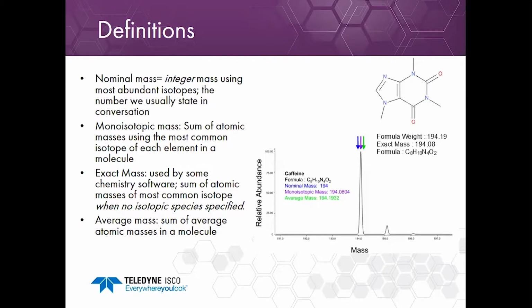So for caffeine, the monoisotopic mass and the average mass are close enough to one another that for modest resolution mass spectroscopy, they're considered about the same. 194.08, 194.2. A single quadrupole would pick up either of those without too much difficulty.